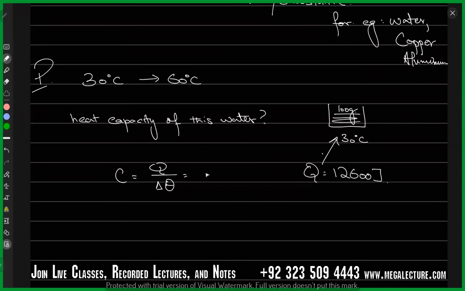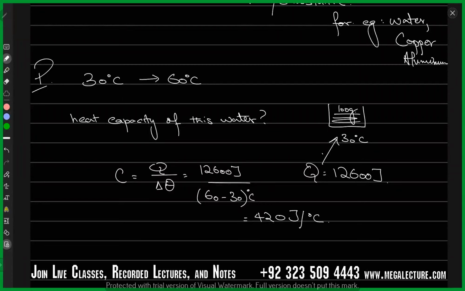So this would be 12,600 joules divided by the change in temperature. You have to remember this is the change in temperature, so how much the temperature rose. That would be 60 minus 30 degrees Celsius, and this gives you 420 joules per degree Celsius.